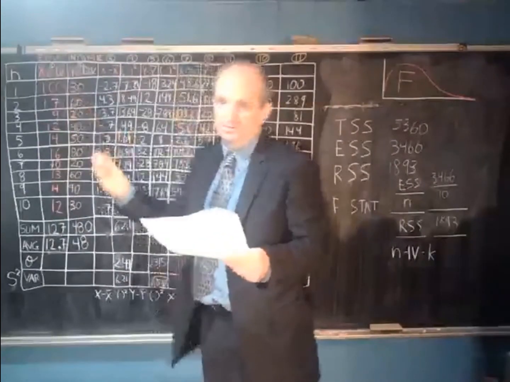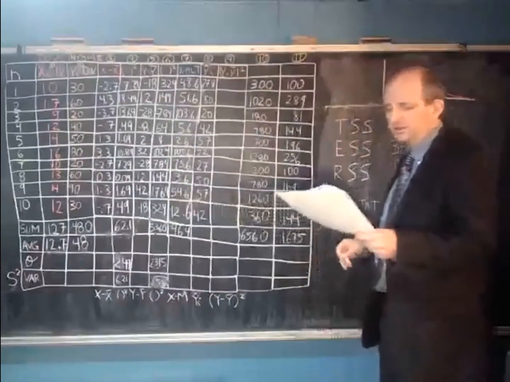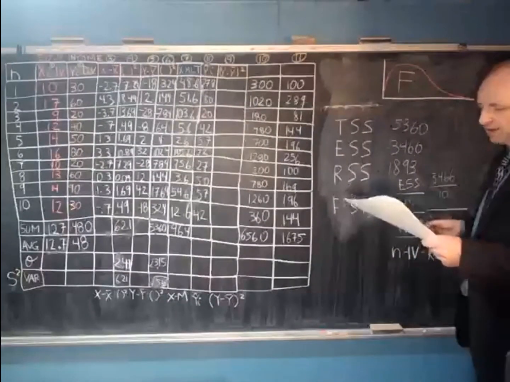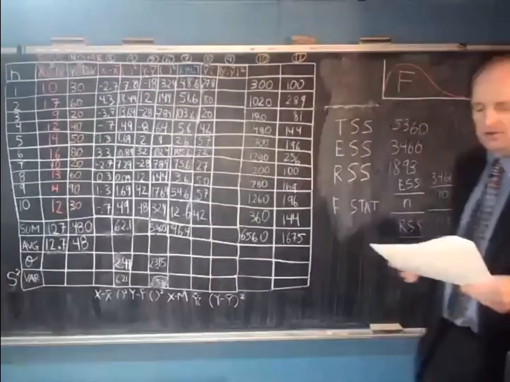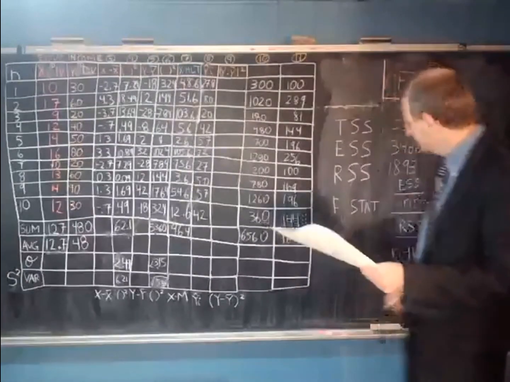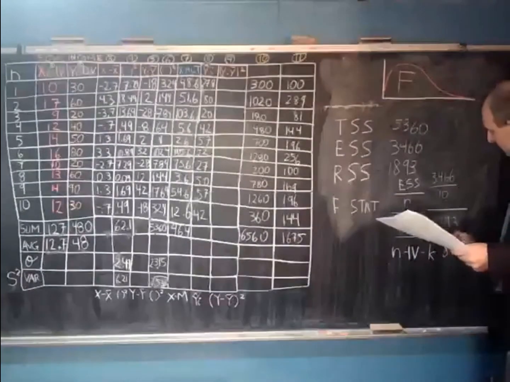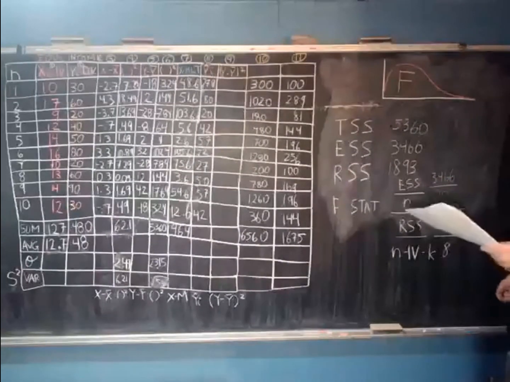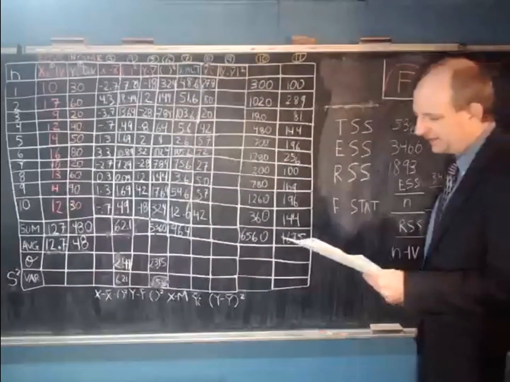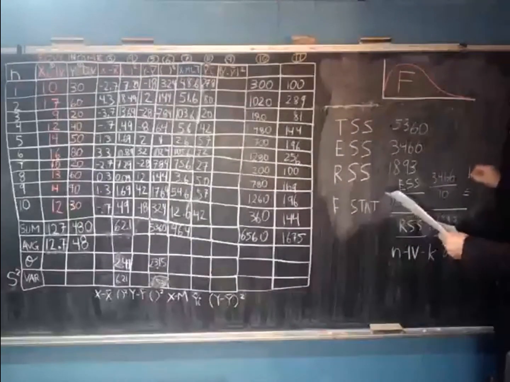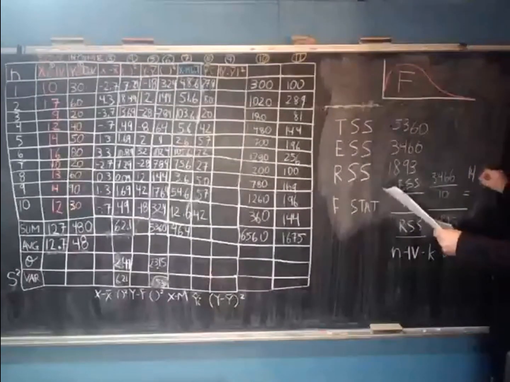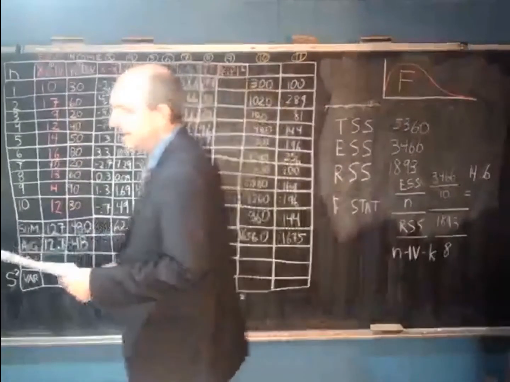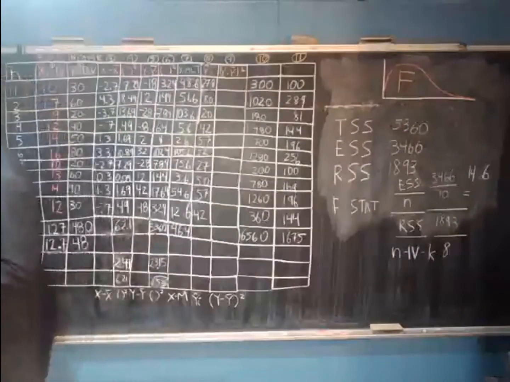There's simply x, which is the years spent in school, minus an additional 1, which is the k, or a constant. So that brings us down to a divisor of 8. So 3,466 divided by 10 divided by 1893 divided by 8, and that's going to give us a result of 14.6.